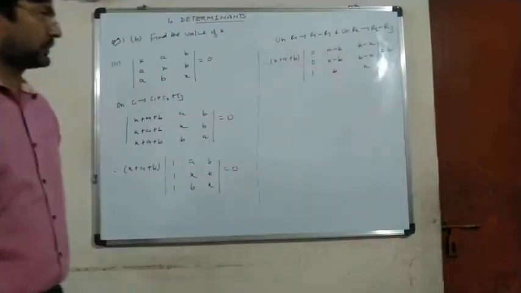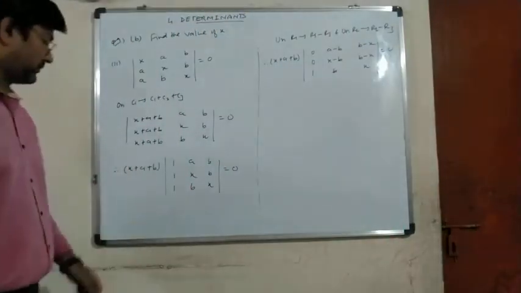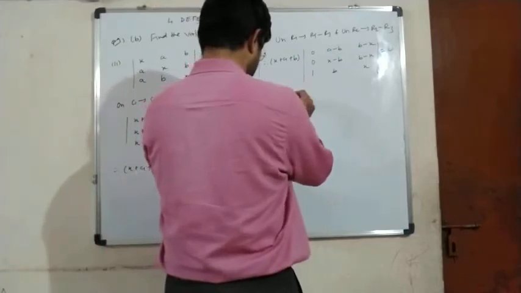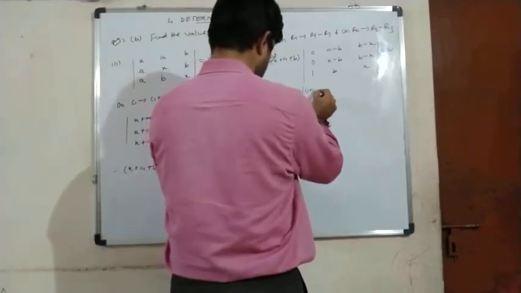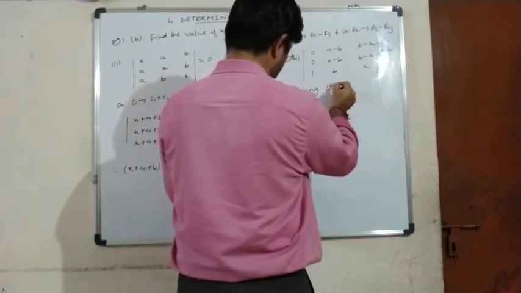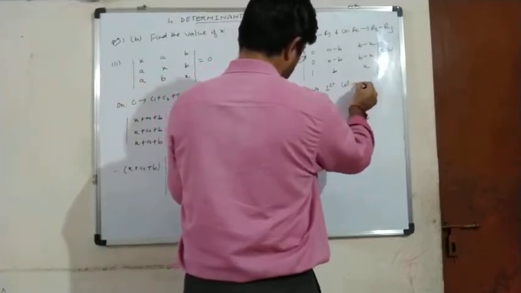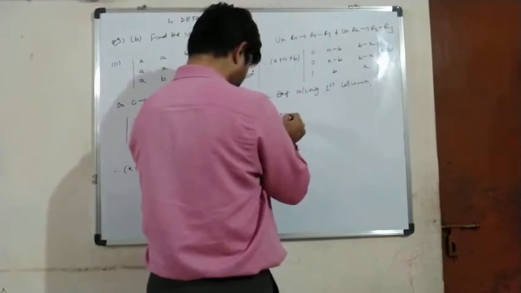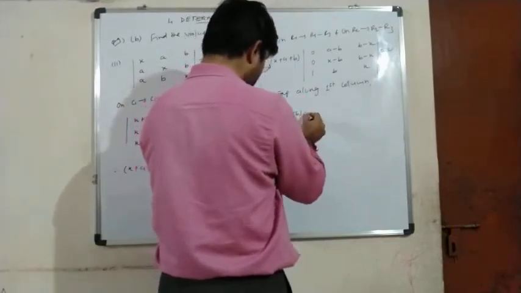Yes or no? Now we will expand along the first column. Therefore, expanding along first column, okay, we will write now x plus A plus B into 1.